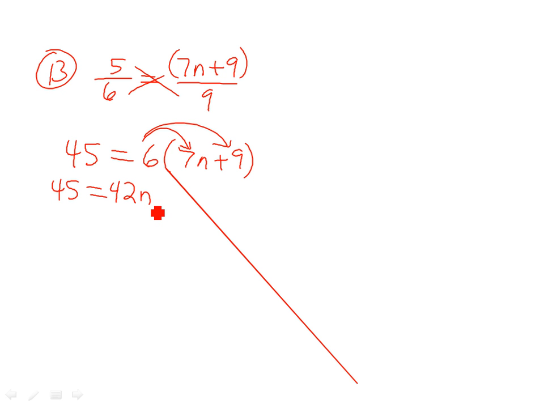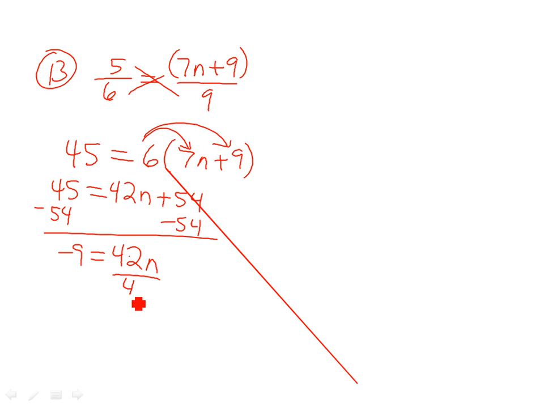And 6 times 9? 54. Then what? Minus 54 from each side. Please remember, does everything always have to be positive moving to the left or to the right? No. So negative 9 equals 42n. Then you want to divide by 42. And then you get n equals negative 3 over 14.